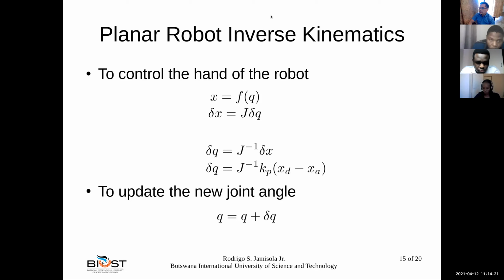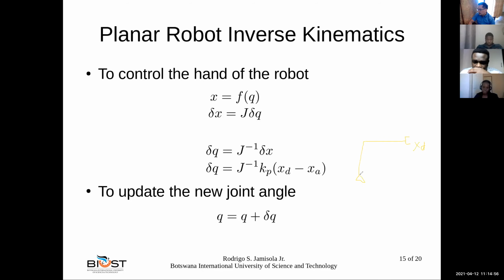Let me annotate. For example, this is where you want to go, and your robot is somewhere here. Here you have your X desired.